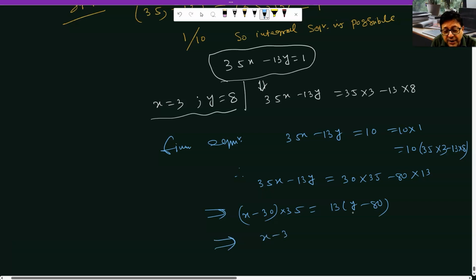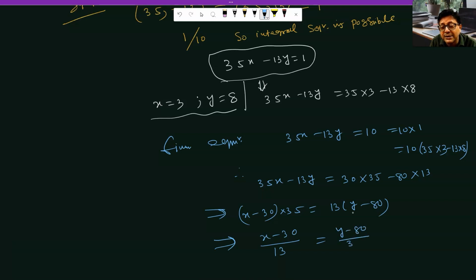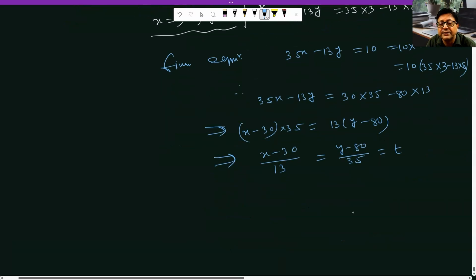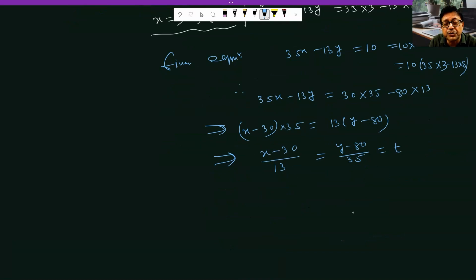I'll write x minus 30 divided by 13. 13 must divide this one, and 35 must divide this one, y minus 80 by 35. They're equal. They'll give you the same integer t. Say t is an integer. So from here x comes to be 30 plus 13t and y comes to be 80 plus 35t.